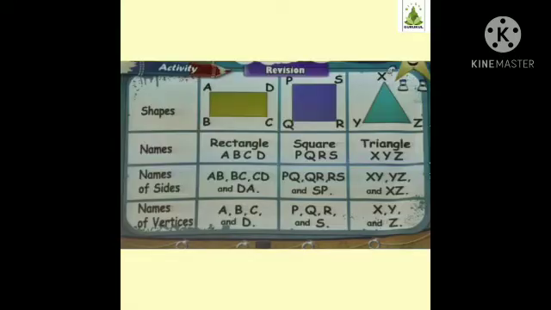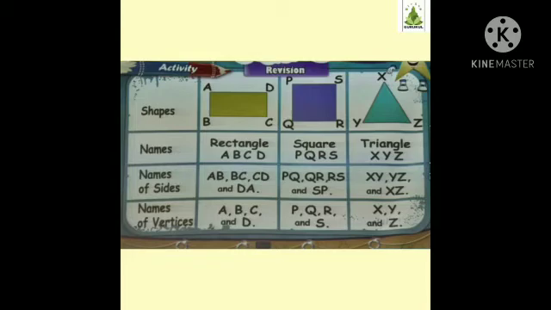So let's have a look at this table. Now kids, tell me the name of the first shape. Yes, you're right, it is a rectangle. Its name is rectangle ABCD.